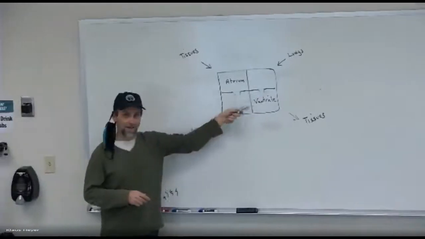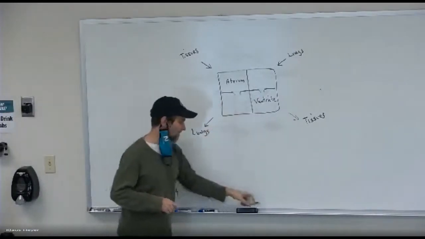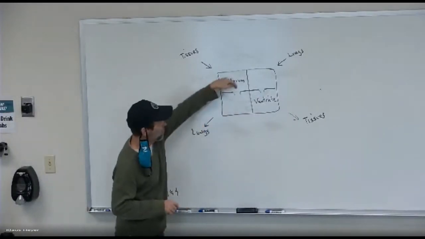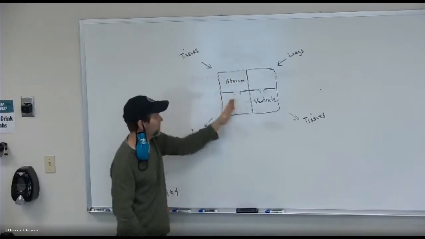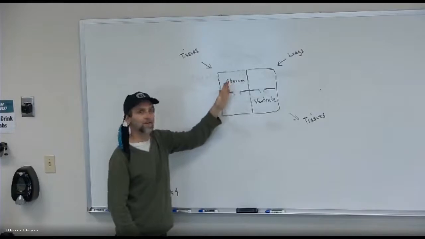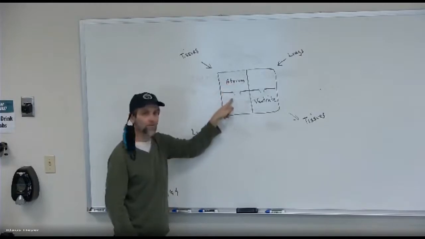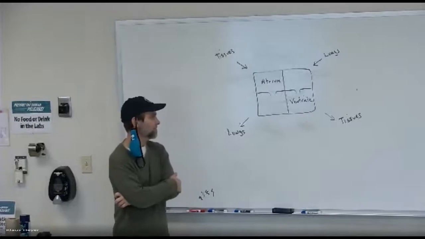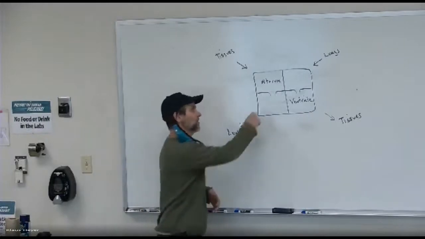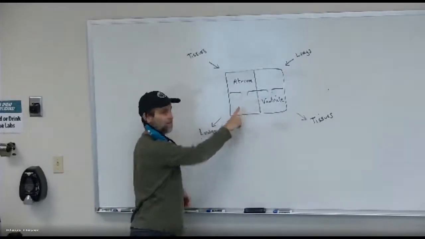And that valve is a one-way valve. That door only opens this way into the ventricle. So blood cannot go back. If it tries to go back, it closes the door. So the door only opens into the ventricle.